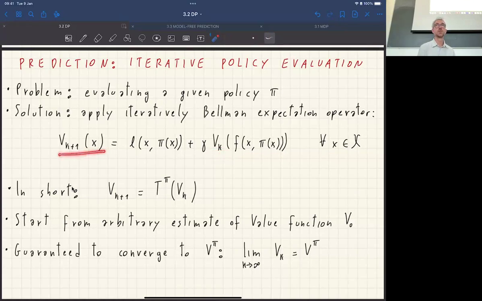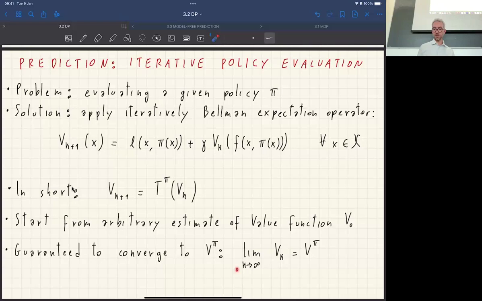And that gives you a new estimate of the value, which is going to be a bit better than the one you started with. And the idea is that every time you update the value with this operator, you're getting something that is a bit closer to the real value of that policy pi. And eventually this converges to the real value v pi.